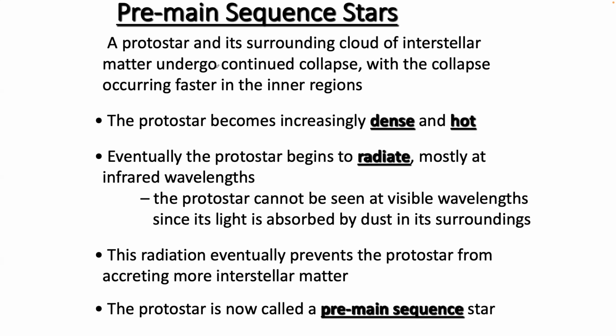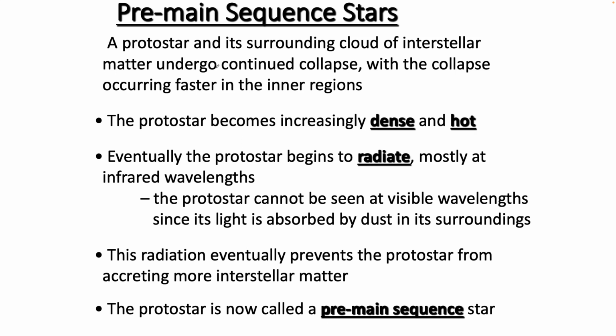The protostar will continuously increase its density and become hot. The temperature will also increase because the matter will fall down onto it. When matter falls down, the density will increase and the temperature of the star will also rise. Eventually the protostar begins to radiate mostly at infrared wavelengths.